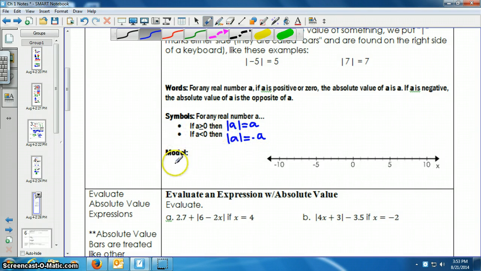So for example, the absolute value of negative 4 is 4, because you're 4 units away. And the absolute value of 4, if we were at positive 4, is still 4 units away.